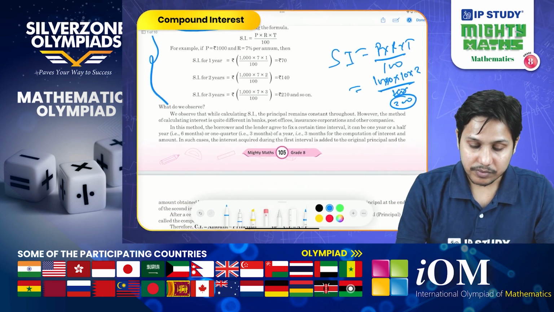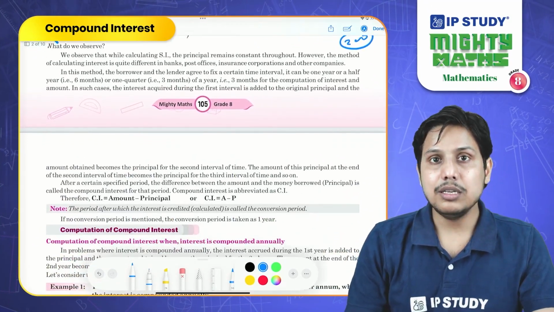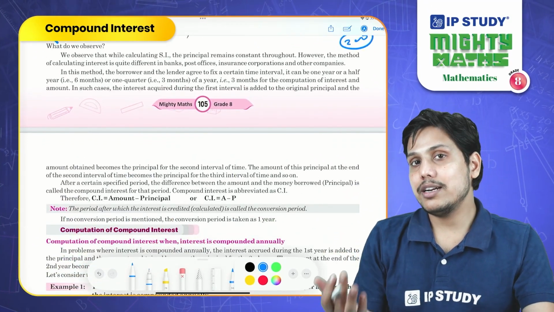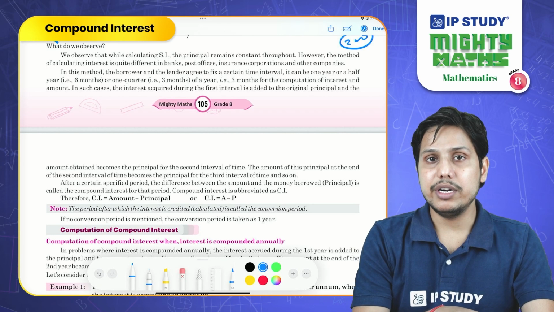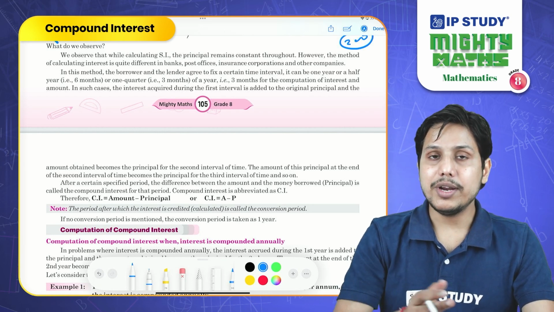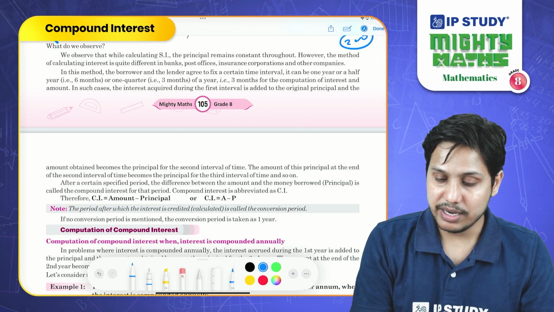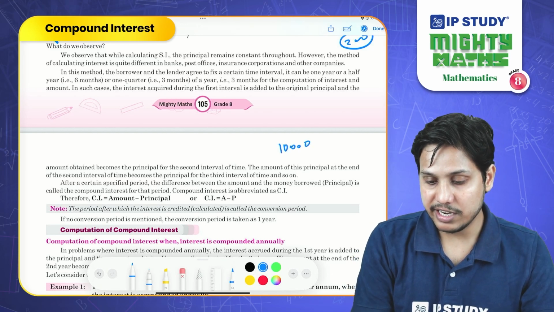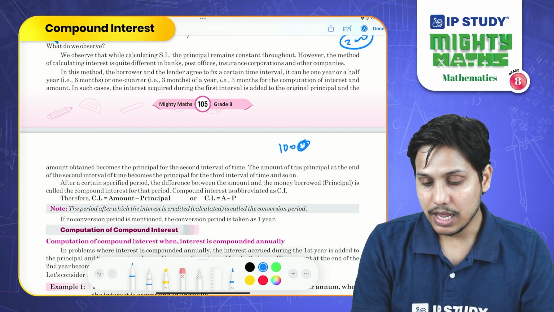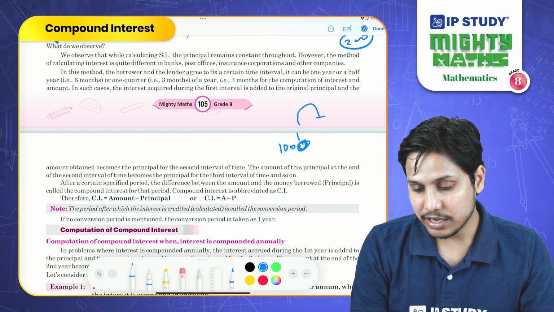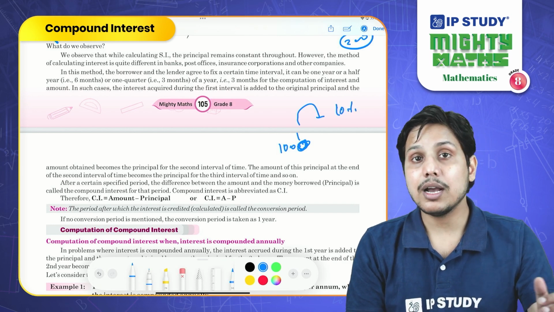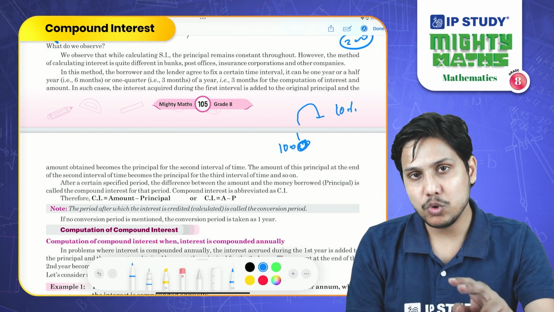Now in some cases there is another interest that is applied, which is called compound interest. This is the interest on interest. So interest is taken on the principal amount as well as on the interest also. For example, let's suppose 1000 rupees is invested in a bank at 10% per annum compounded annually for 2 years.